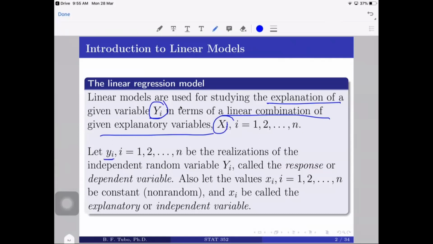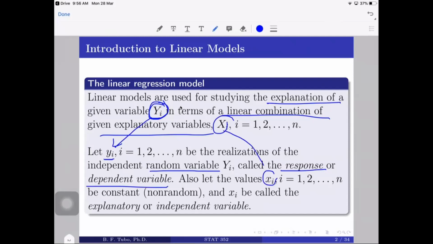Each capital Yi will have a realization, say the particular value will be small yi, i from 1 to n. This will be the realization of each of the random variables capital Yi, and we call it, as I have said earlier, the response or the dependent variable.